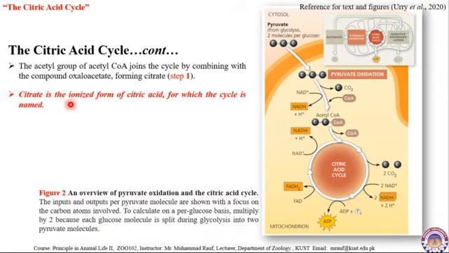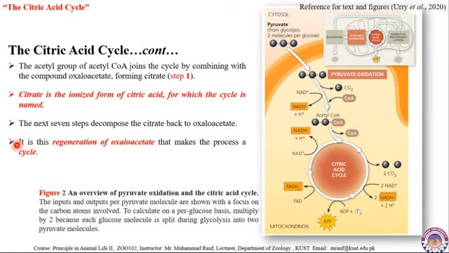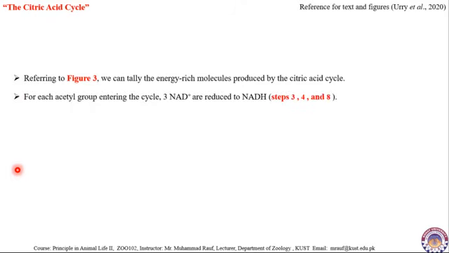Now citrate is the ionized form of citric acid, for which the cycle is named. The next 7 steps decompose the citrate back to oxaloacetate. It is this regeneration of oxaloacetate that makes the process a cycle. For each acetyl group entering, 3 NAD are reduced to NADH.